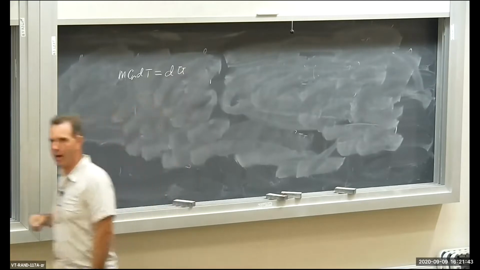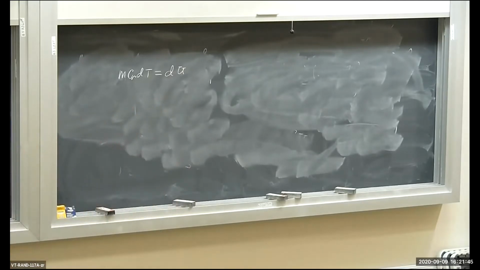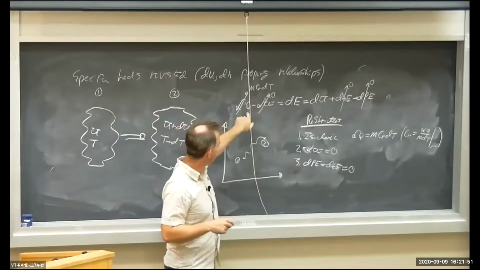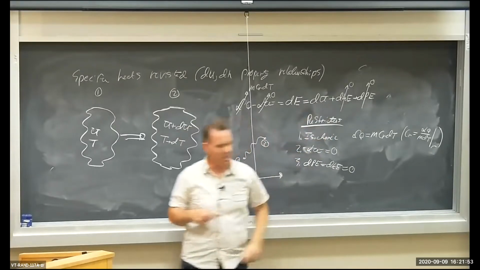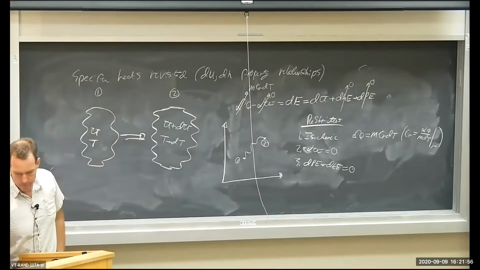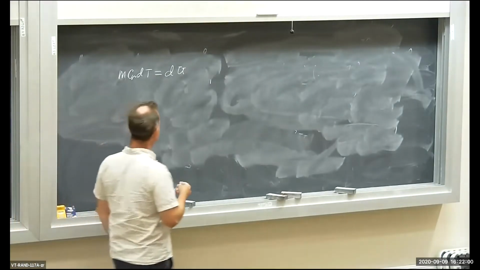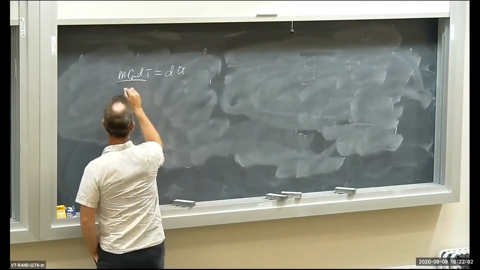There's nothing left. m Cv dT, that's the heat transfer, and I have dU, nothing else left. Now let me divide this equation by mass.